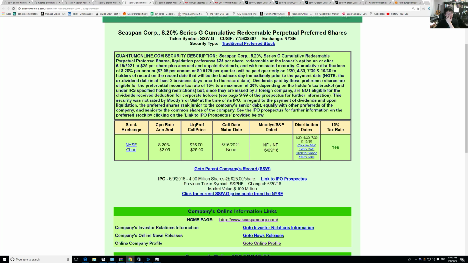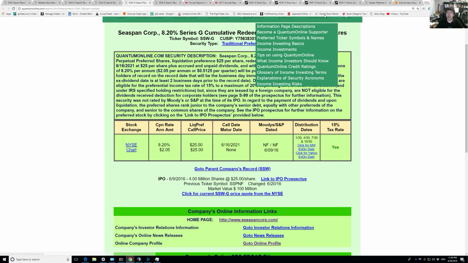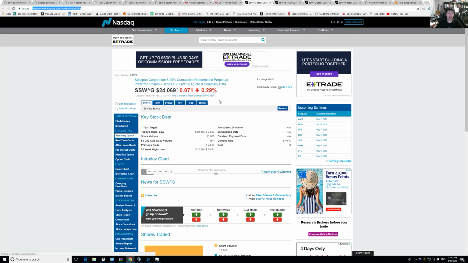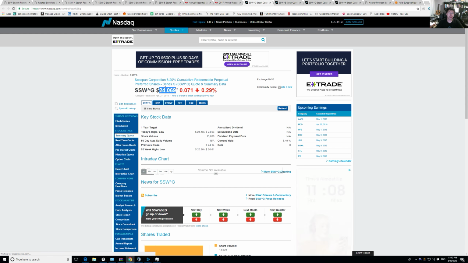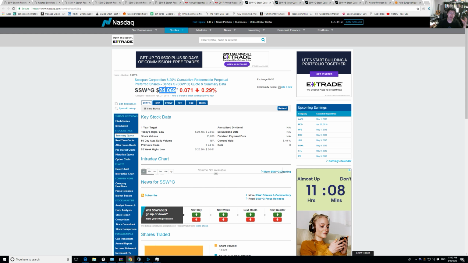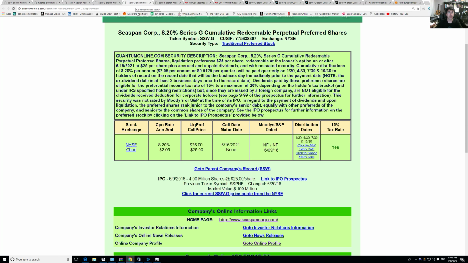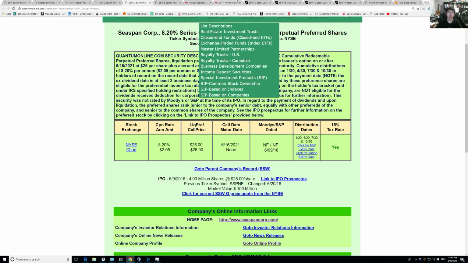So, let's look at what they're trading at. This stuff is currently trading at $24. Remember, the liquidation preference and the redeemable price is 25. So there is somewhat of a discount, which means the effective yield is going to be higher than 8.2%. This stuff is going to get you per year 2.05, if I remember correctly. The payment is 2.05, yeah.